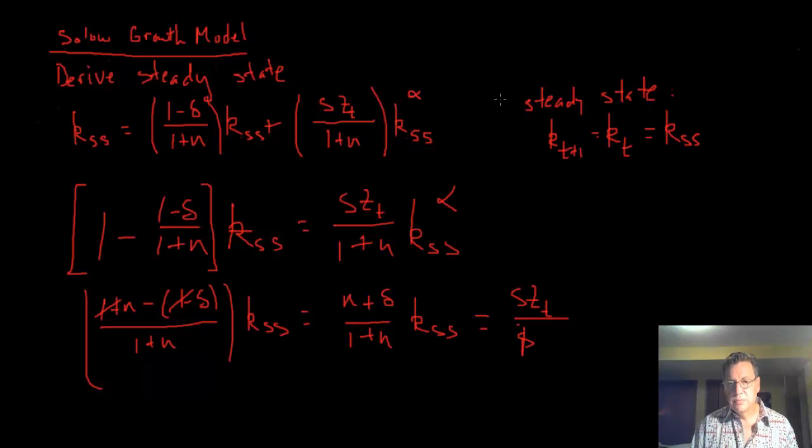s z_t over 1 plus n times k_ss to the alpha. Well, the 1 plus n's are going to cancel. And what we can do is divide through by n plus delta.